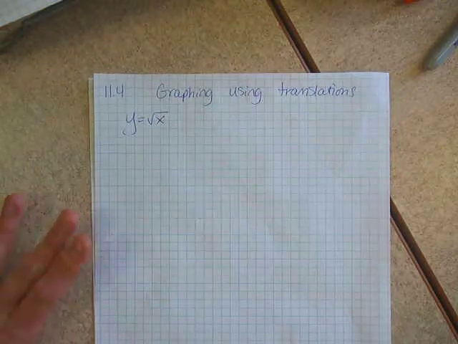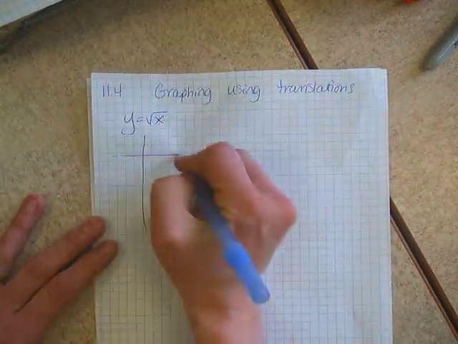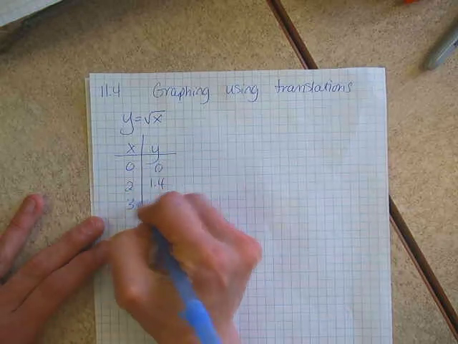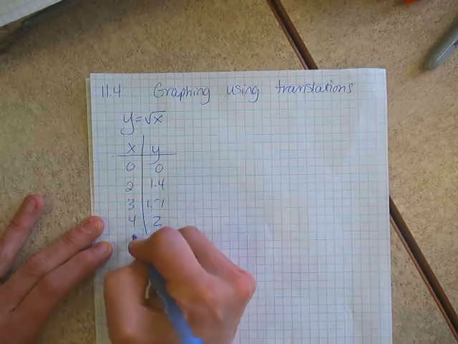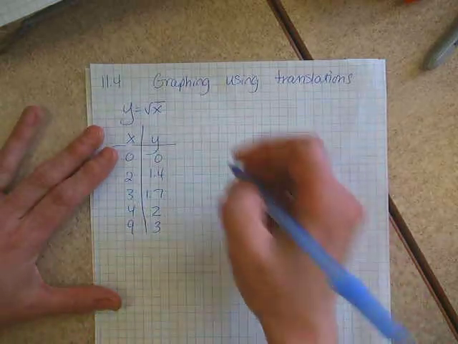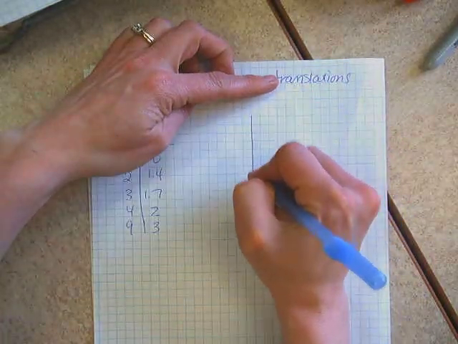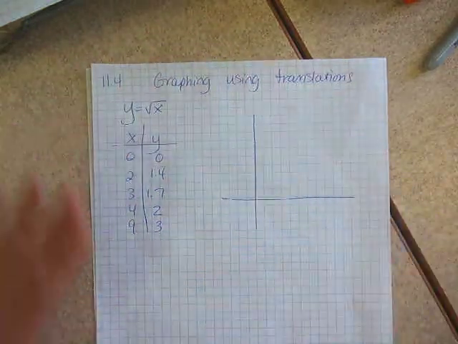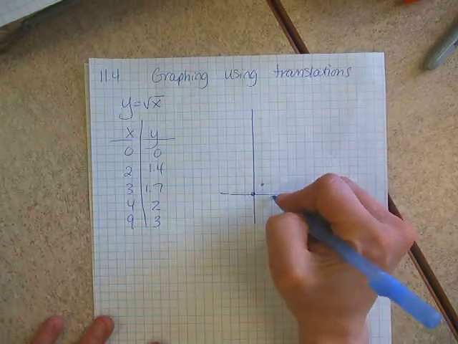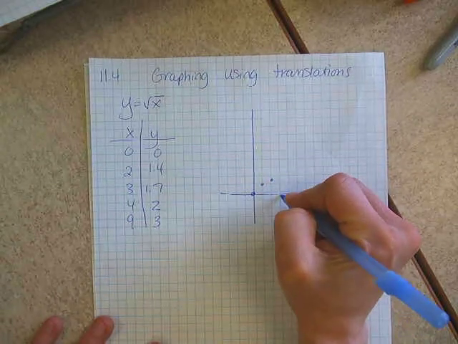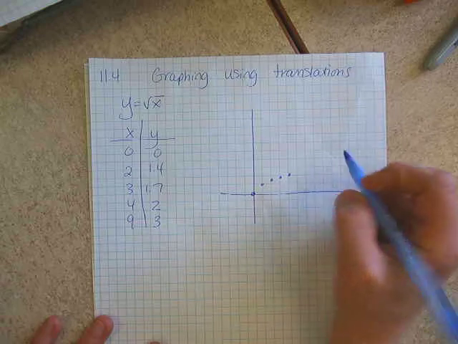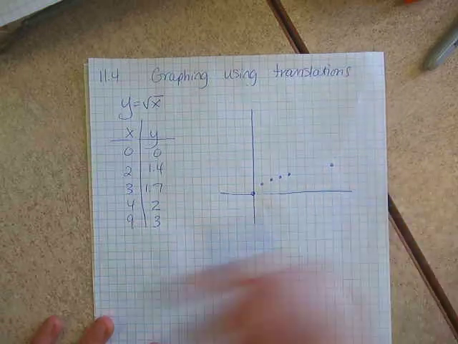Graph of y equals the square root of x. Okay, since all we're doing is taking the square root, what that graph looks like is 0, 0, 1, 1, 2, 1.4, 3, 1.7, 4, 2, 5, 6, 7, 8, 9, 3.